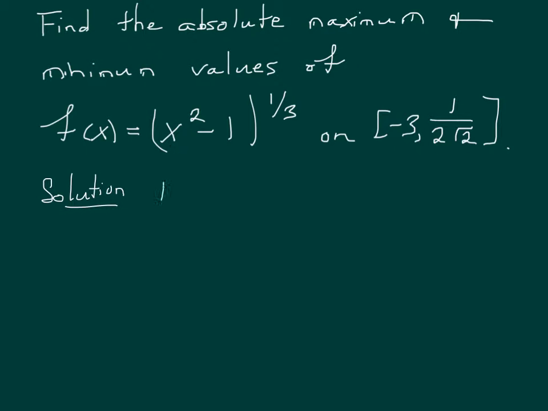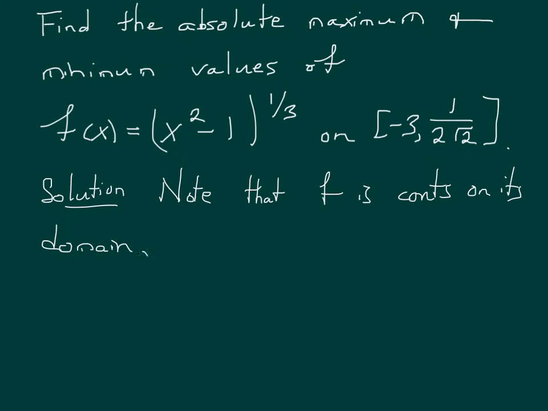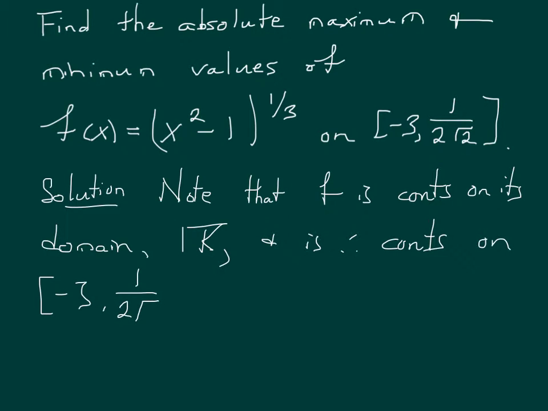Okay, so note that f is continuous on its domain, which is, as we said, the set of all real numbers, and is therefore certainly continuous on this closed bounded interval minus 3, 1 over 2 root 2.